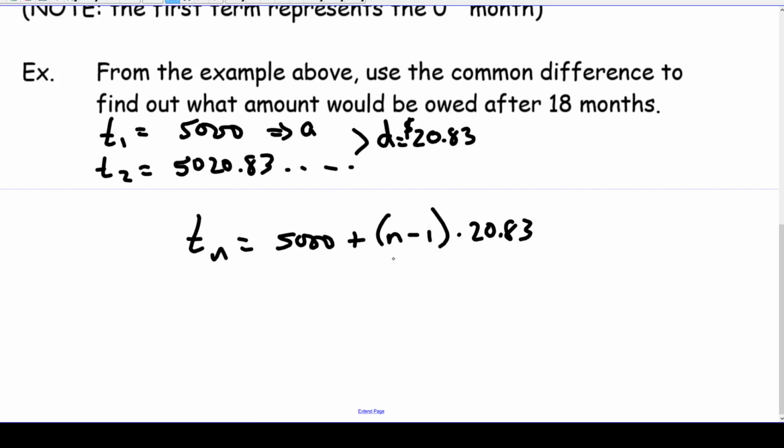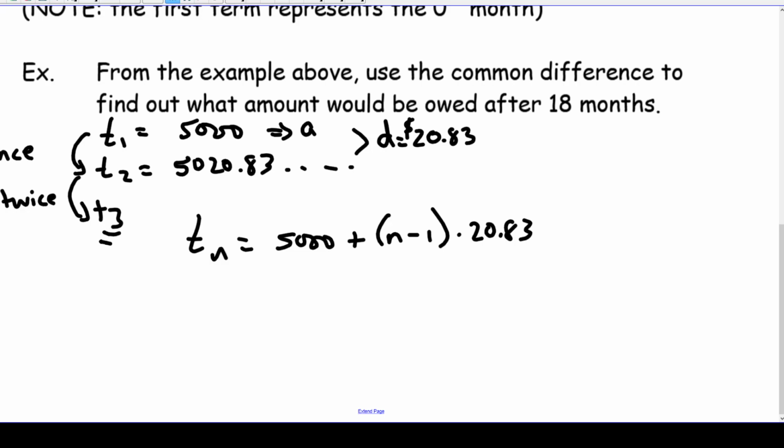Now, I want to be absolutely sure you understand why this is n minus 1. I think we might have discussed this in class, but I can't remember. But this is really important. Why is it n minus 1? Because how many times did I add 20.83 to go from T1 to T2? I added it once. If I went from T1 to T3, I would add it twice.